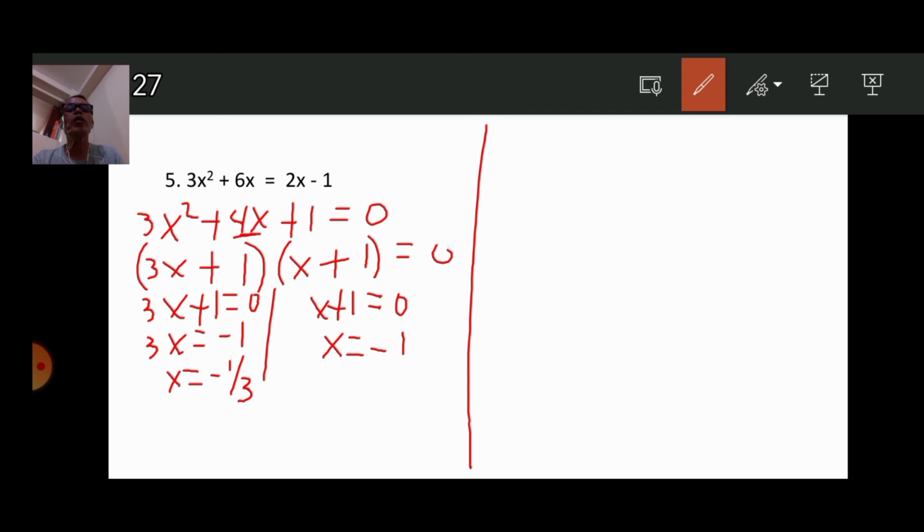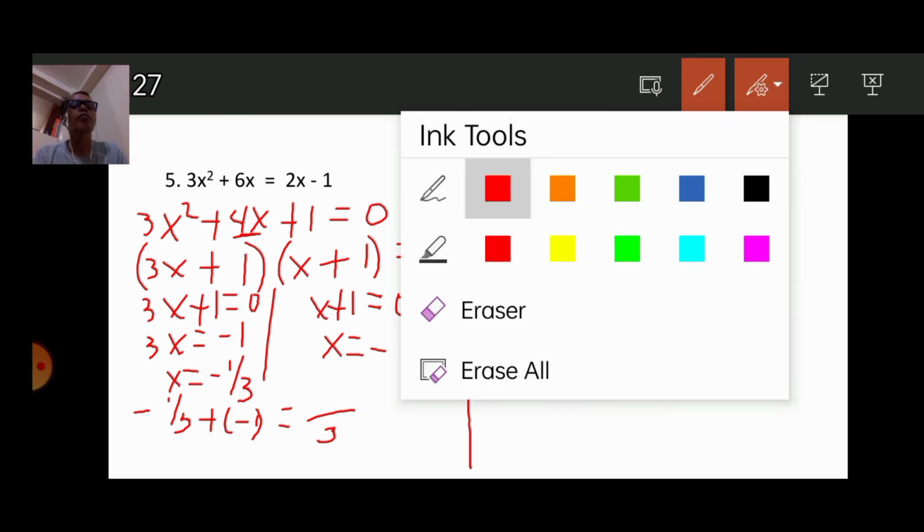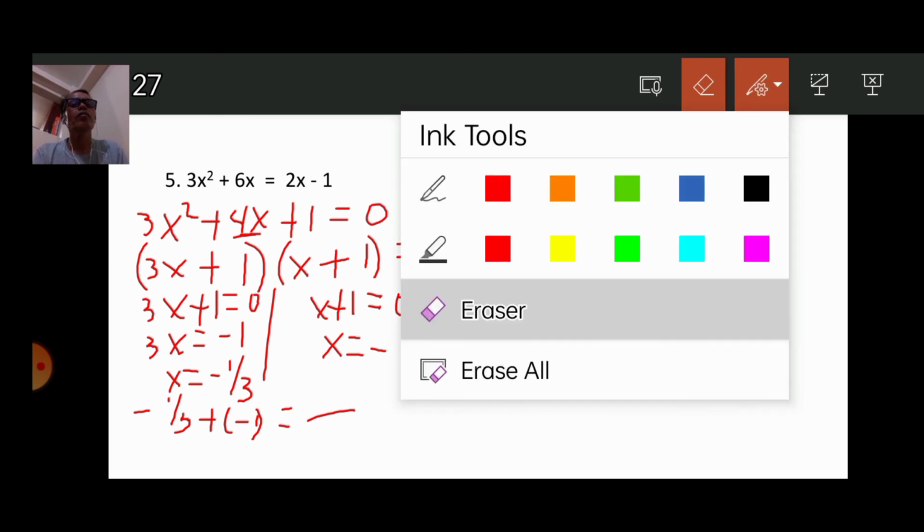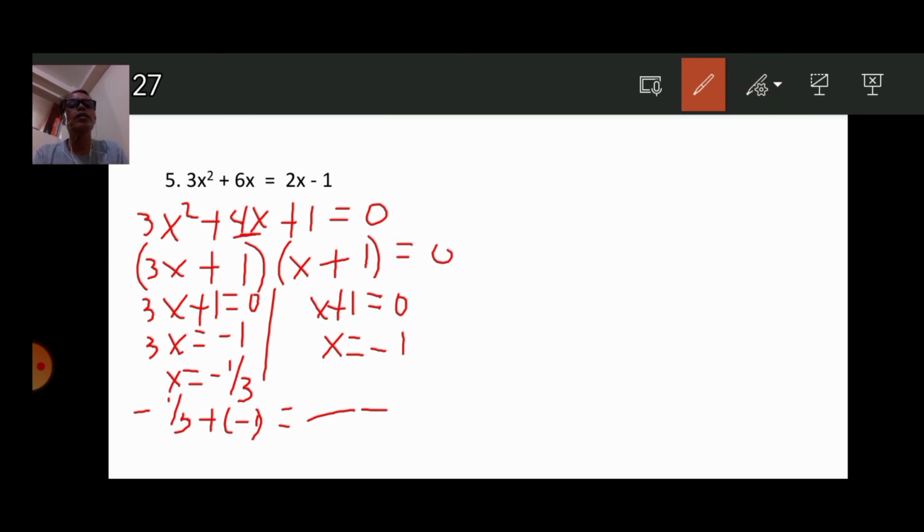So if you are going to add negative 1/3 plus negative 1, the LCD is 3.